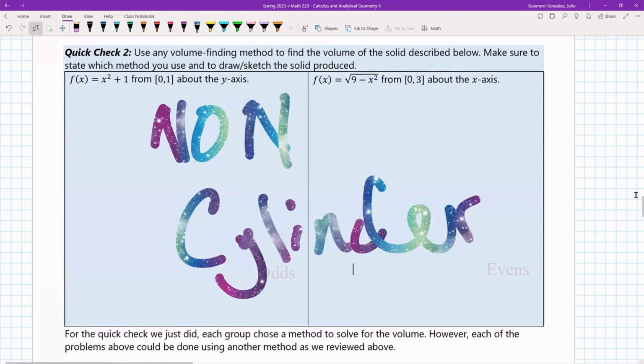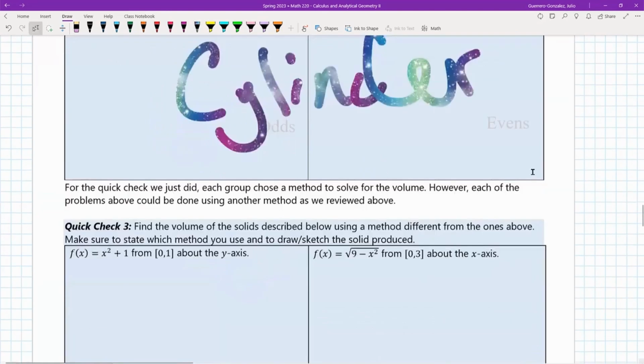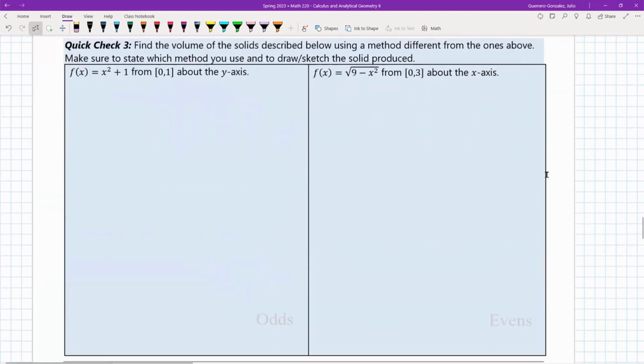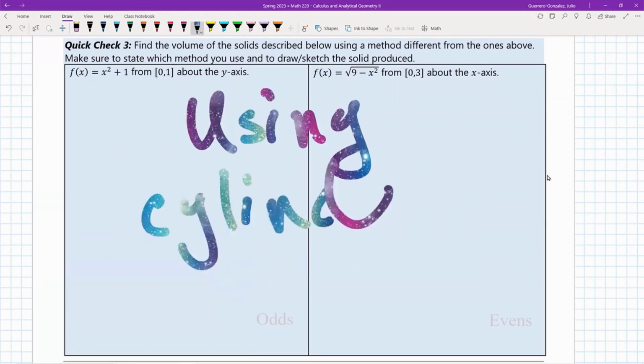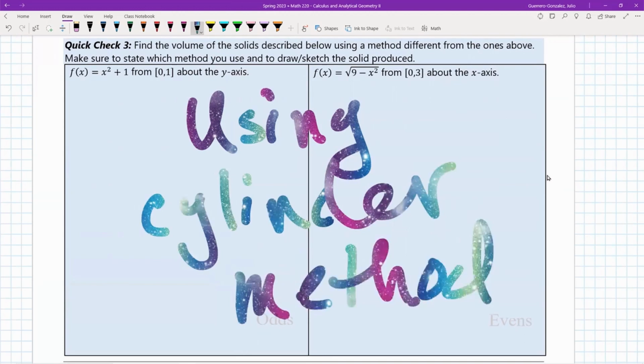Okay, and what I want everybody to do after that, quick check 3, now I want you to do it using cylinder method. Okay, it's the same. For both of these, you should get the same answer.